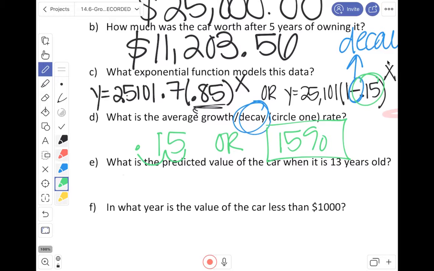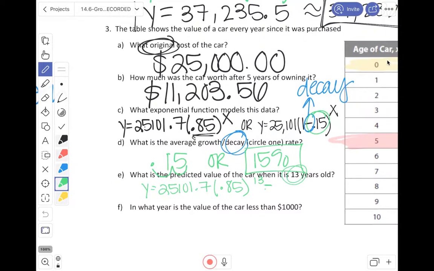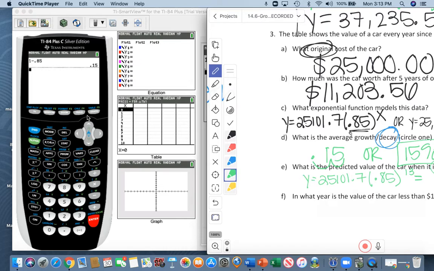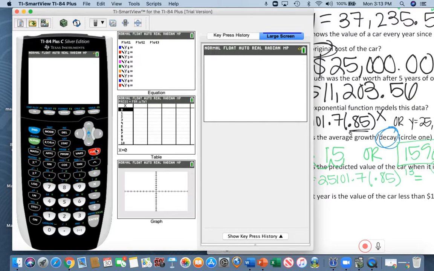It says, what is the predicted value of the car when it is 13 years old? So I'm going to plug in y equals 25,101.7 times 0.85, and instead of x, this time I'm going to plug in 13. I'm going to plug it in my calculator: 25,101.7 times 0.85, and then caret to move it to the 13th power.